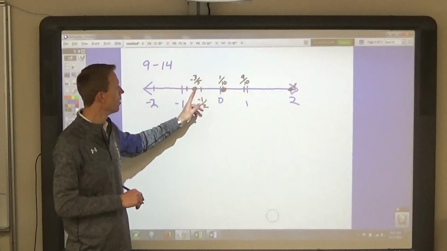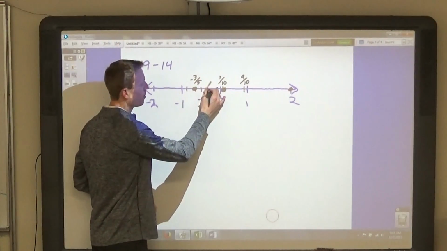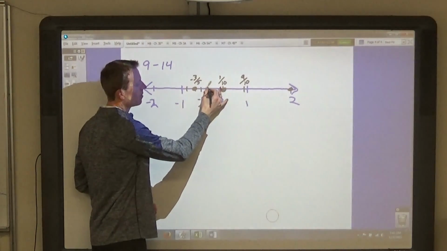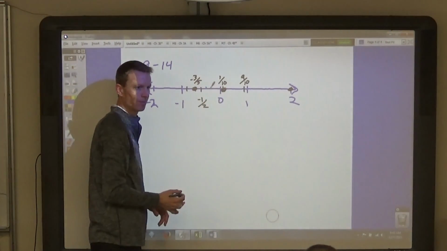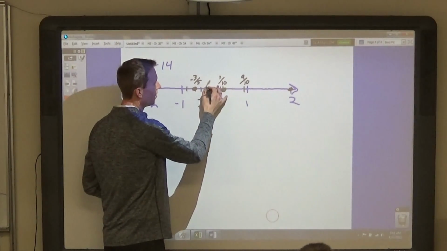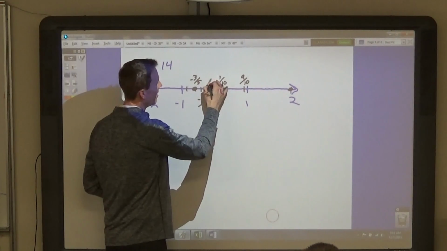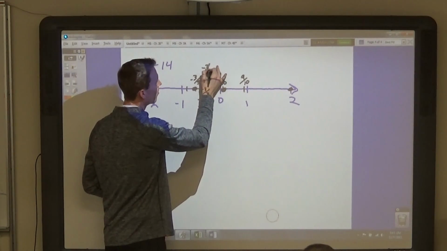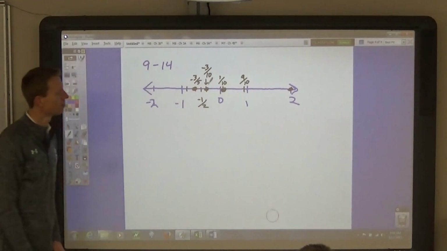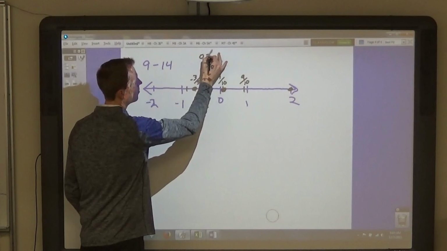Would it be close to -0.5 or 0? Closer to -0.5, -1/2, but not too close. Don't put it too close. 1/10, 2/10, 3/10, 4/10. Yeah, right there. Okay, good. So this is -3/10, but it's called -0.3. Yep. There's no variable.